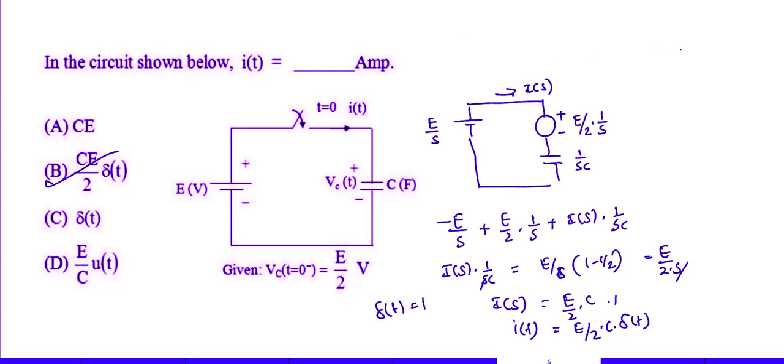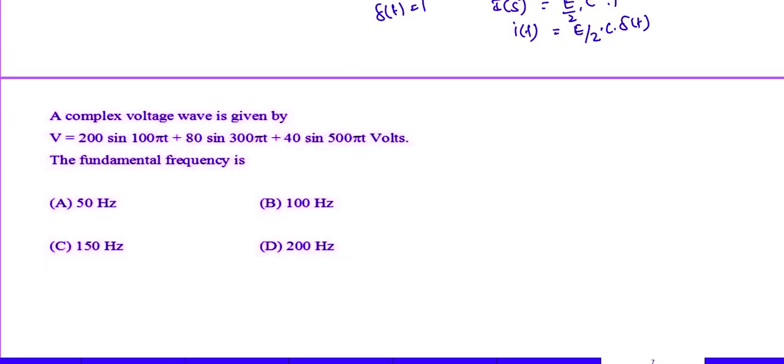Okay. So for max and tangent analysis problems, go with Laplace, it's easier for you. Okay? Next method. Next. So look at this: what is the fundamental frequency, he has asked. So here you see omega sin omega t. So omega equal to 100 pi. Another one is 300 pi and another one is 500 pi.